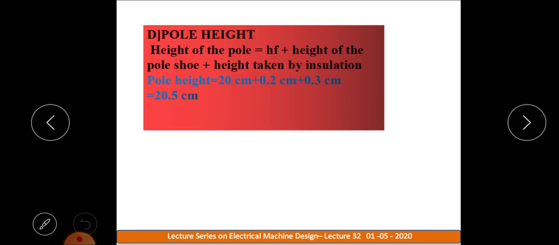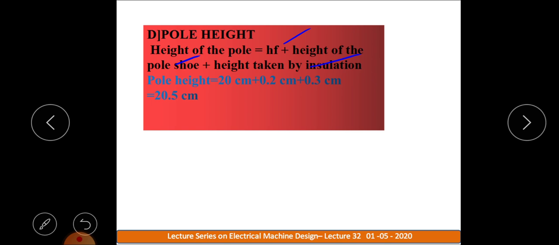Now this is provided over the pole length. The height of pole, we are going to calculate as HF, height of field winding, plus height of pole shoe, plus height taken by the insulation.